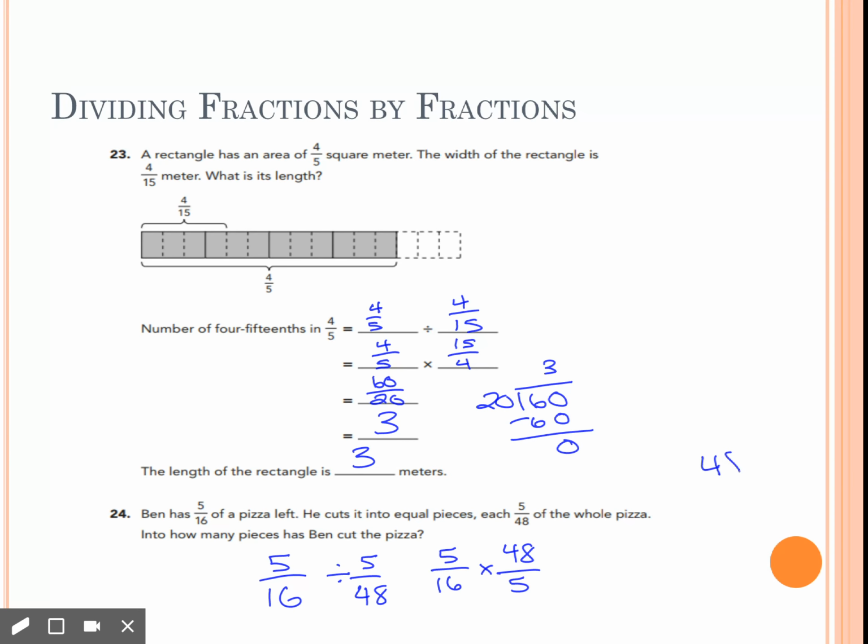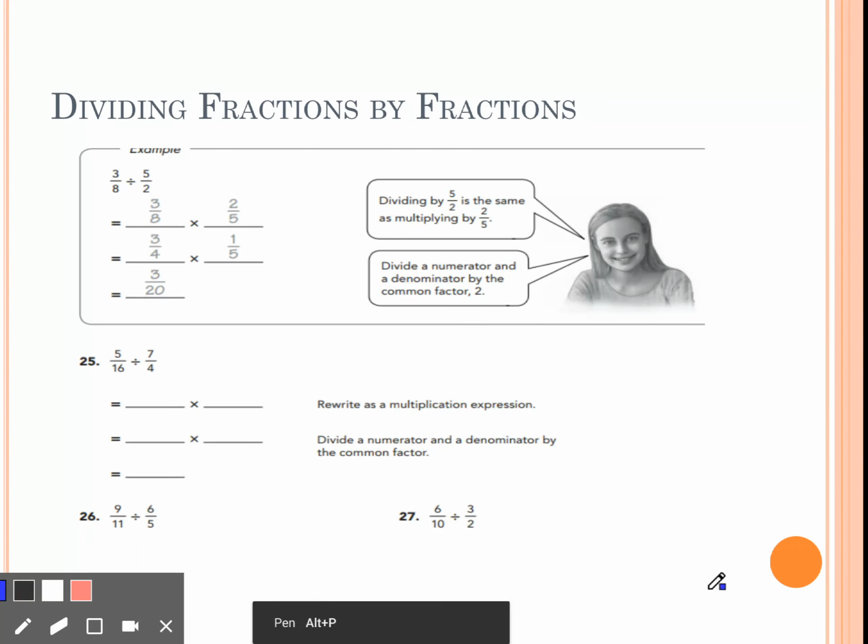I'm going to do the math over here just to make sure I'm not making any mistakes. Is 240 over 80. And then 240 divided by 80 simply is 3. So 3 is our answer.